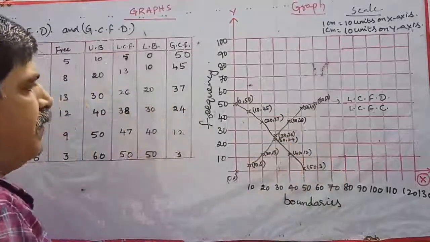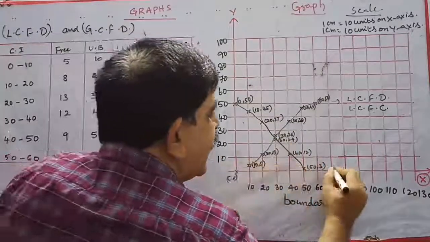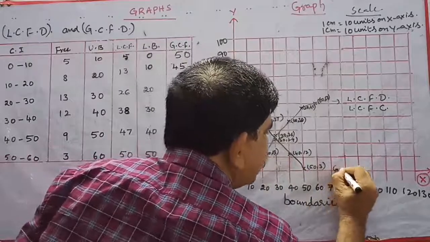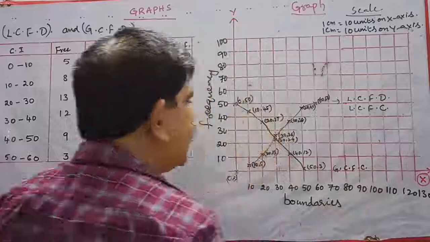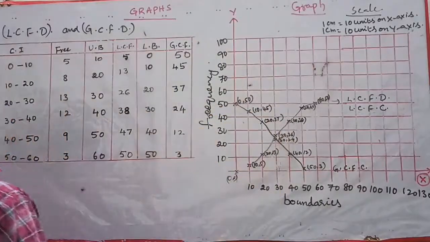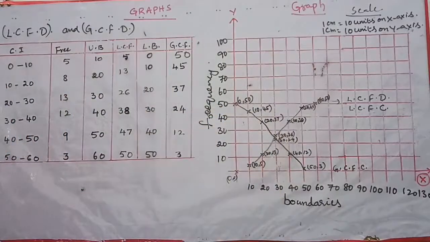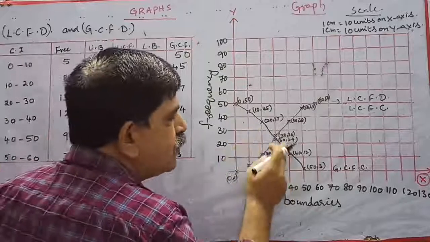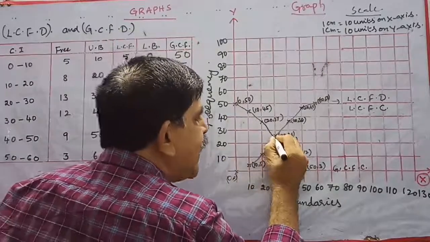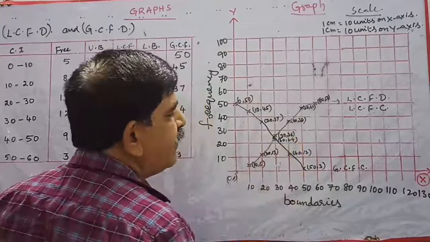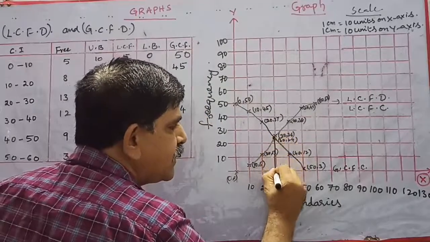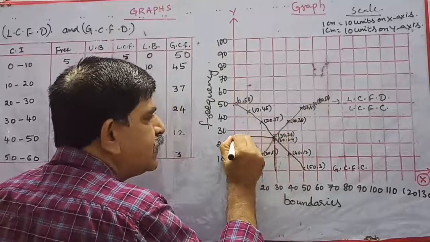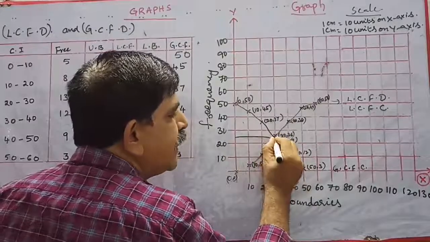This is the greater than cumulative frequency curve, GCFC. Where these two curves meet at a point is taken as the median of the given data. So you draw a perpendicular line from that point.